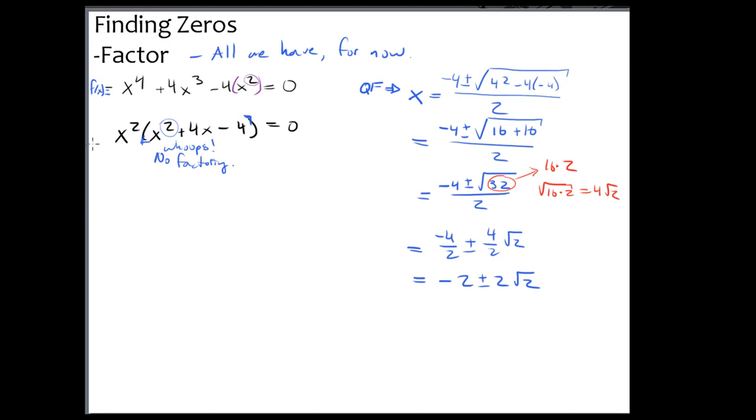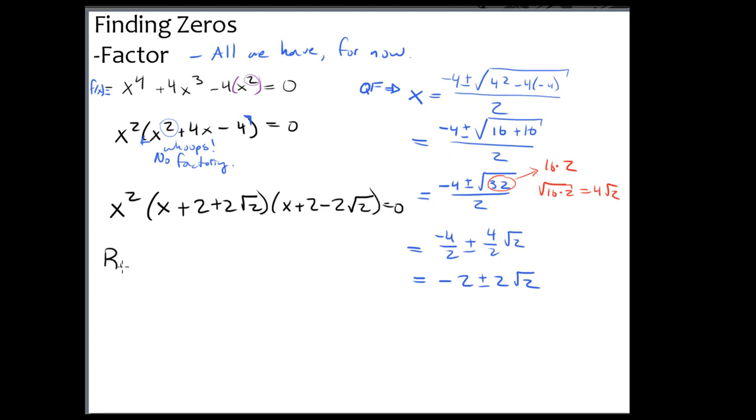Whew. Okay, so we get x squared times x plus 2 plus 2 square roots of 2 times x plus 2 minus 2 square roots of 2 is equal to 0.